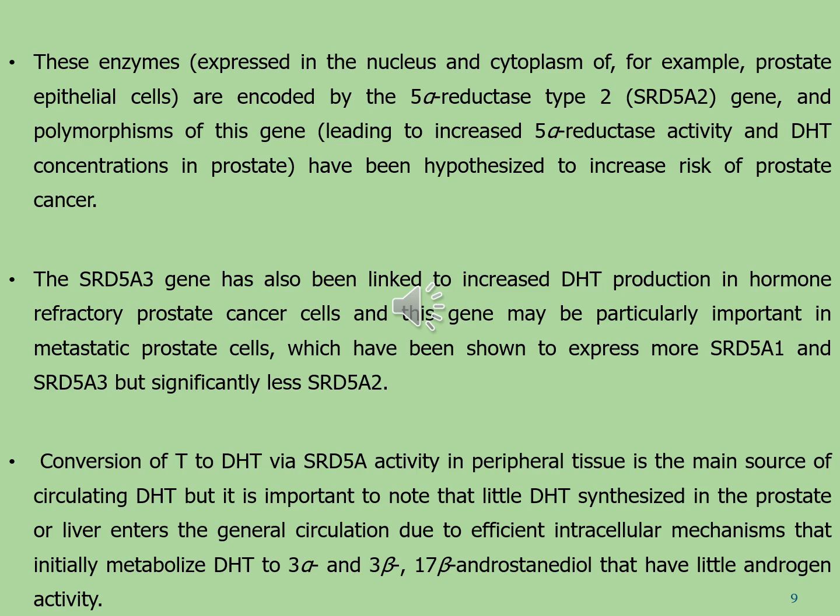significantly less SRD5A2. Conversion of testosterone to dihydrotestosterone via SRD5A activity in peripheral tissues is the main source of circulating DHT, but it is important to note that little DHT synthesized in the prostate or liver enters the general circulation, due to efficient intracellular mechanisms that initially metabolize DHT to 3-alpha and 3-beta androstanediol that have little androgenic activity.